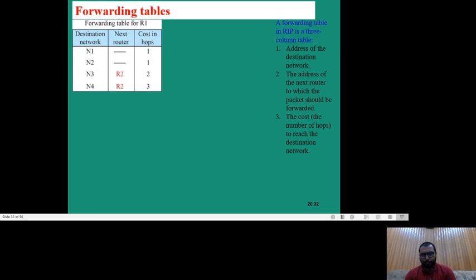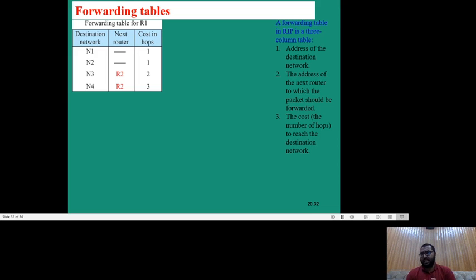Here you see the routing for a router. The decision is taken based on the forwarding table or routing table. So when you install RIP, a routing protocol, on top of the routing table, you will have 3 pieces of information in the forwarding table.